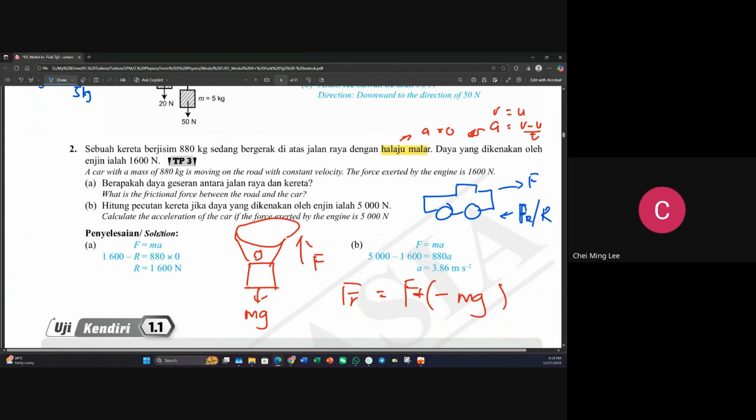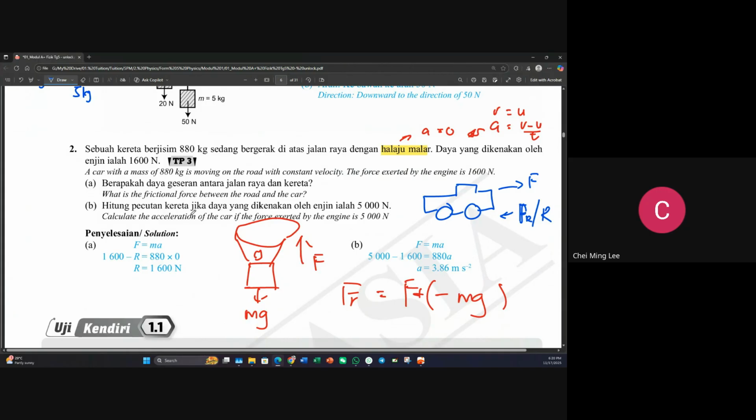Because the car moves with the engine's power. So the force exerted by the engine minus the frictional force between the tire and the road. So 1600 minus R equals 880 times a, 880 times 0 because of constant velocity. A is 0. So from here, we move R over. Negative R becomes positive R. So R is equal to 1600 Newton.